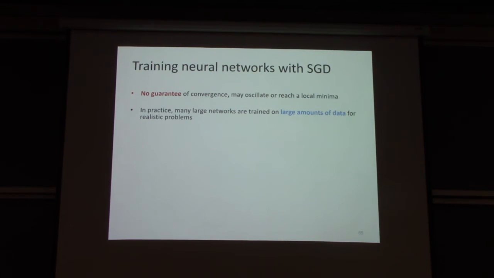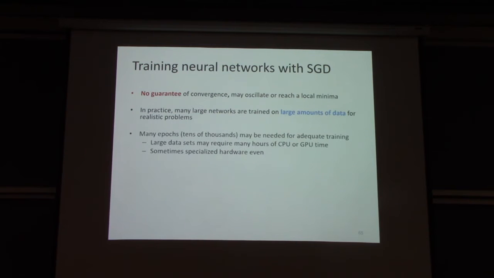Typically, the really large neural networks that you hear about in the news are trained on really huge data sets. Sometimes you require several thousand epochs. You may require many hours of CPU or GPU time. In fact, NVIDIA has now invested heavily in creating customized hardware for deep neural networks.